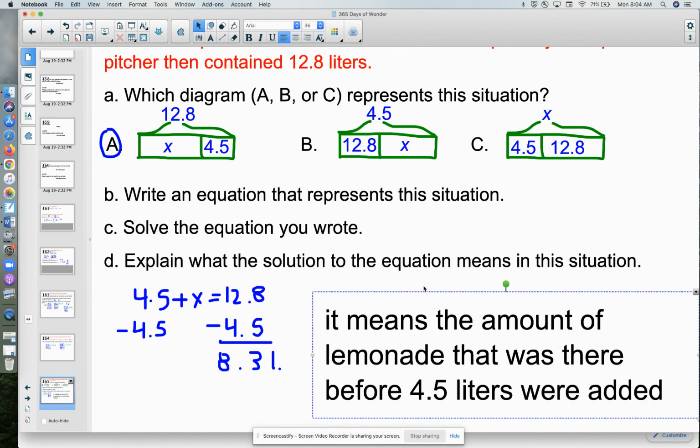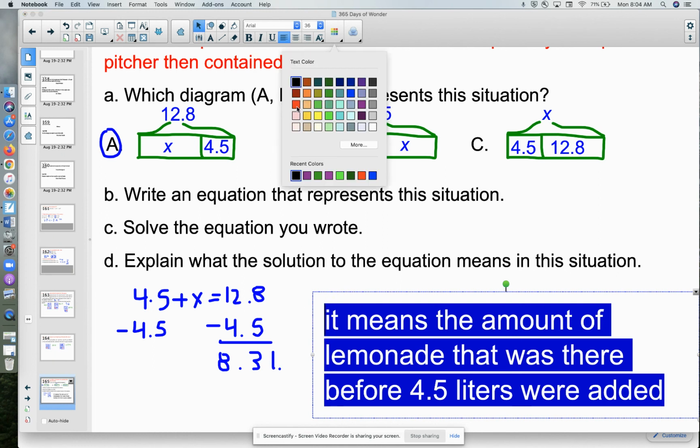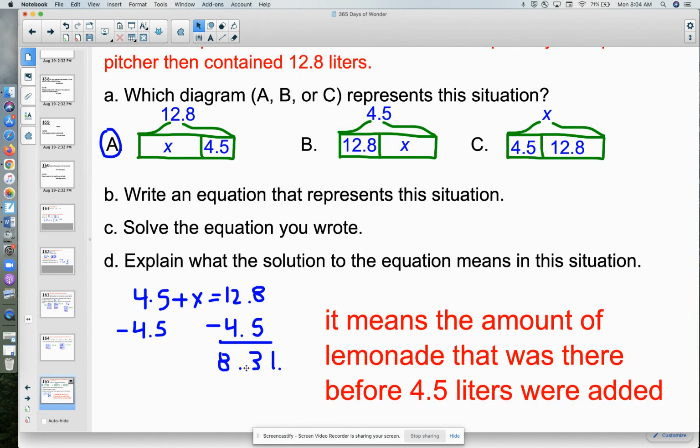I don't know, something like that. Okay, right? 8.3 is the amount of lemonade that was there before 4.5 liters were added.